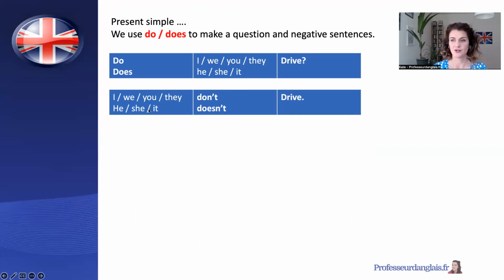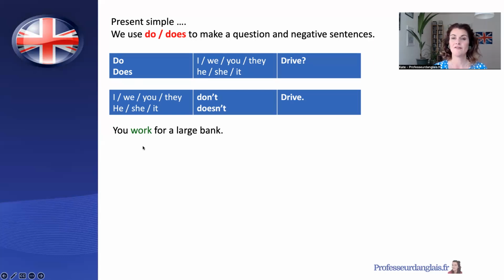She doesn't drive. You'll notice that we use do with the subjects I, we, you, they, and don't with the subjects I, we, you, they, and we use does with he, she, and it, and doesn't with he, she, and it.